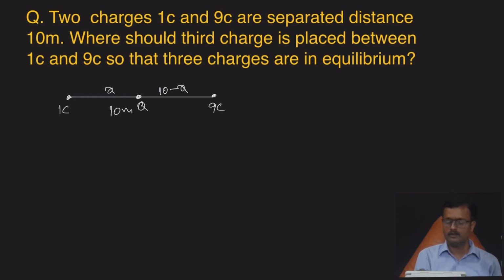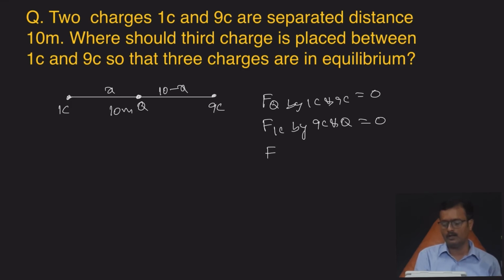See here, in equilibrium the total force is 0. Suppose I take the force on Q by 1 coulomb and 9 coulomb, that is 0. Similarly, the force on 1 coulomb by 9 coulomb and Q should be 0. Similarly, the force on 9 coulomb by 1 coulomb and charge Q should be 0.